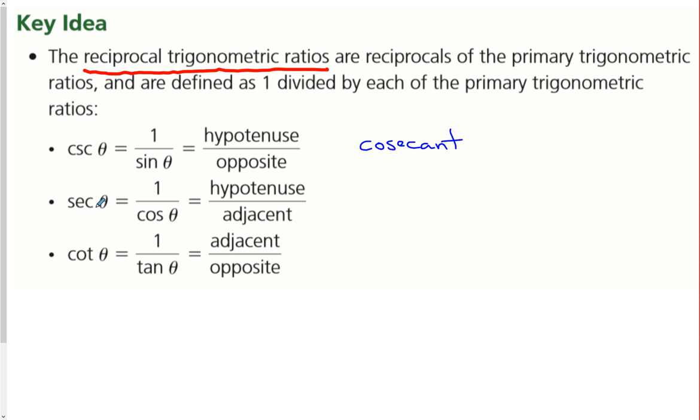And then there's one that is SEC, and that stands for secant. And then there's one that is COT, and it's not a nice cot to sleep on, it is cotangent. I did not spell that correctly. Let me take another crack at that.